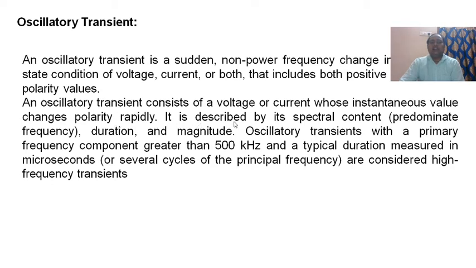It is described by its spectral content, predominant frequency, duration, and magnitude. Oscillatory transients with a primary frequency component greater than 500 kHz and typical duration measured in microseconds or several cycles of the principal frequency are considered high frequency transients.